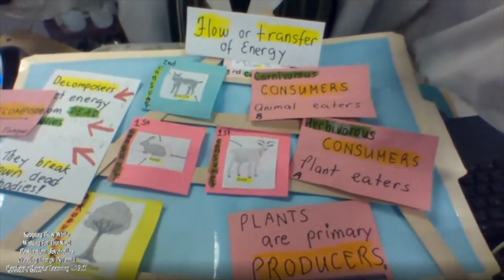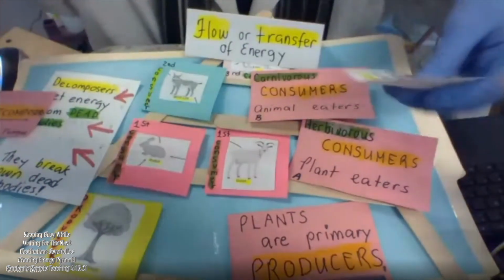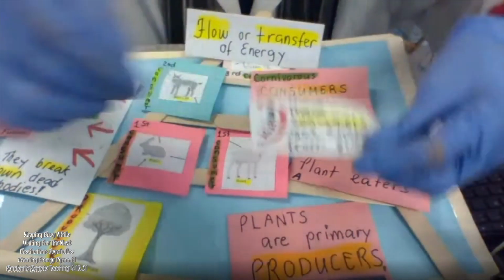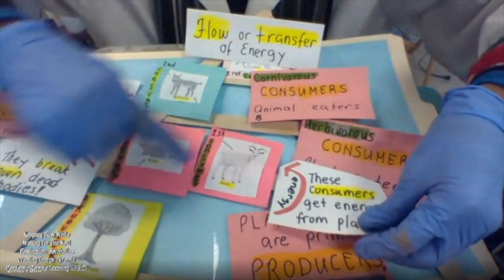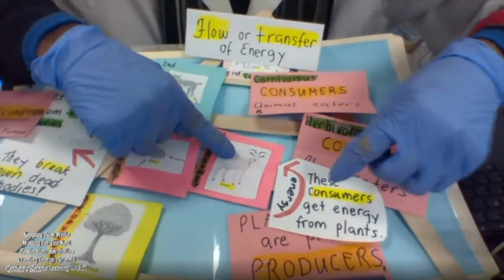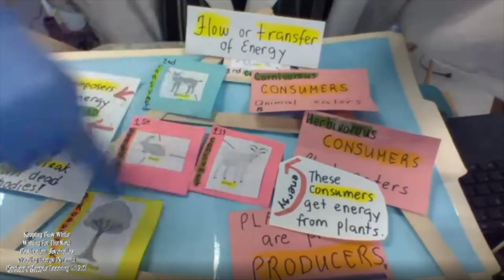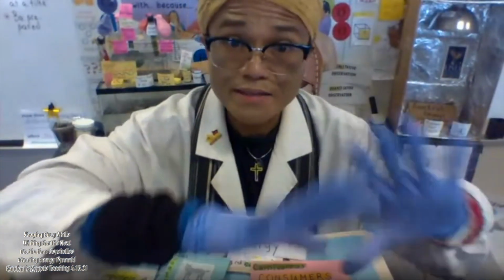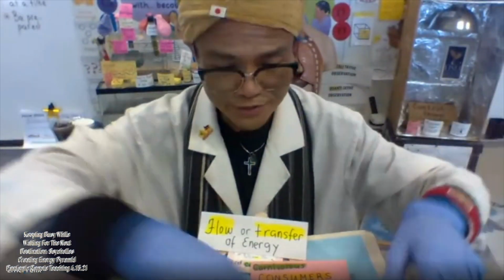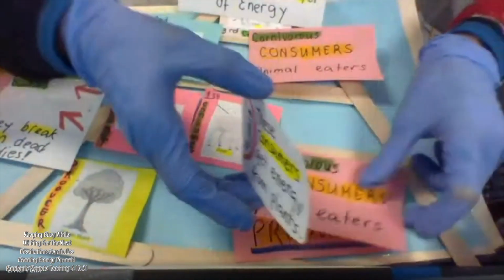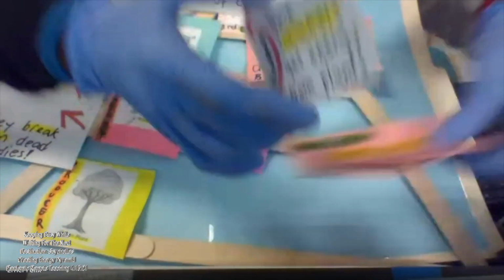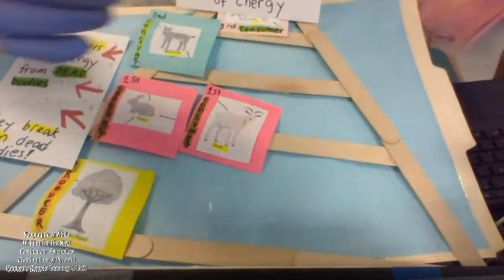Okay, similarly, these consumers get the energy from the plant. Let me clear some things in here to make it less cluttered. So I'm going to take out these pink labels, and just leave the animals there.